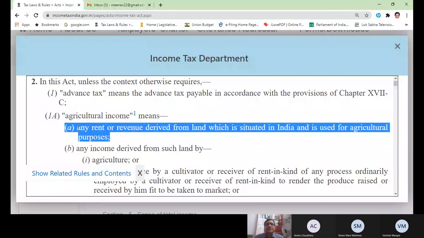So if any farmer has given his or her land, which is being used for agricultural purposes, on rent, that rental income earned by this farmer is also agricultural income which is tax free. This is the first point: even rental income from agricultural land is agricultural income which is tax free.